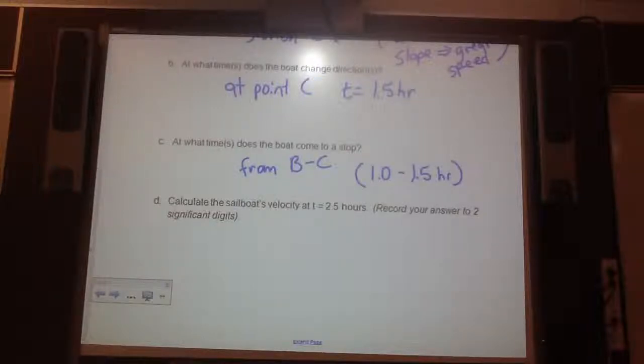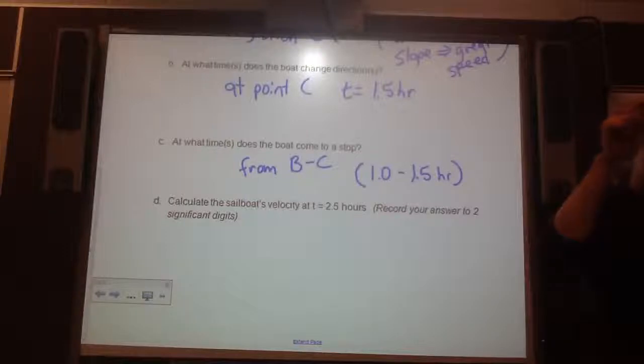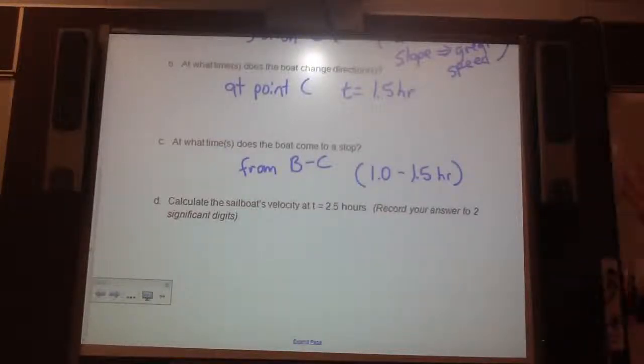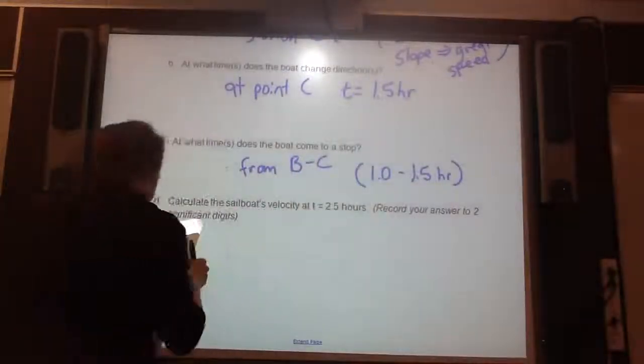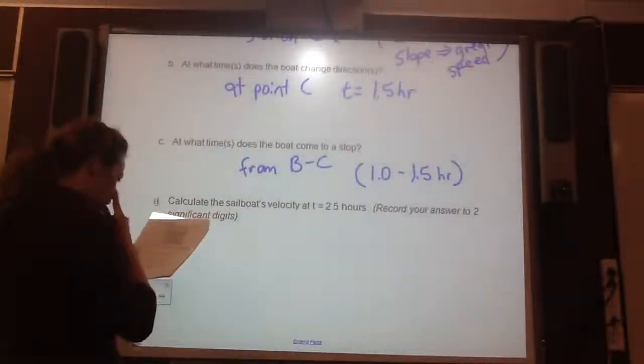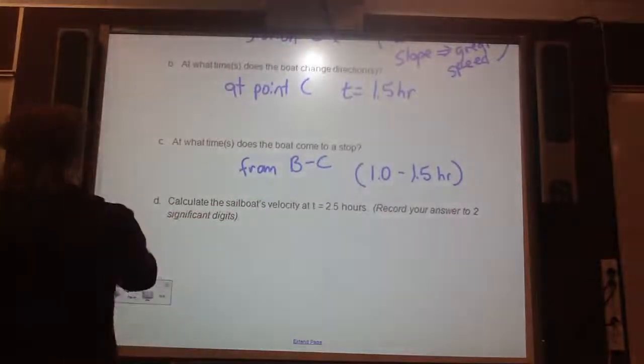Okay. Calculate the sailboat's velocity at 2.5 hours. Okay, so this is like instantaneous velocity. What is the velocity at that point exactly? All right, so let's look at the 2.5.